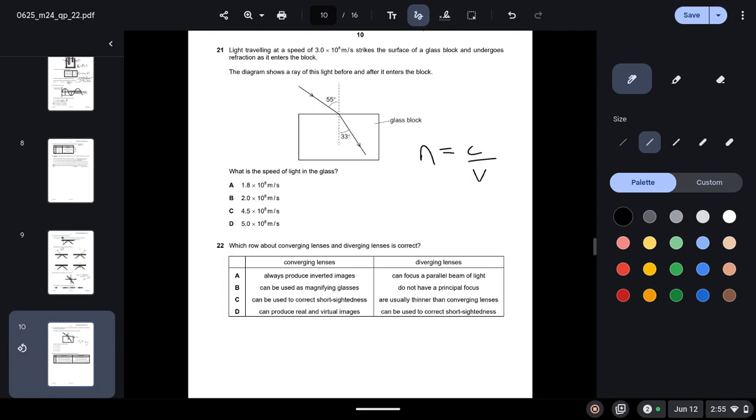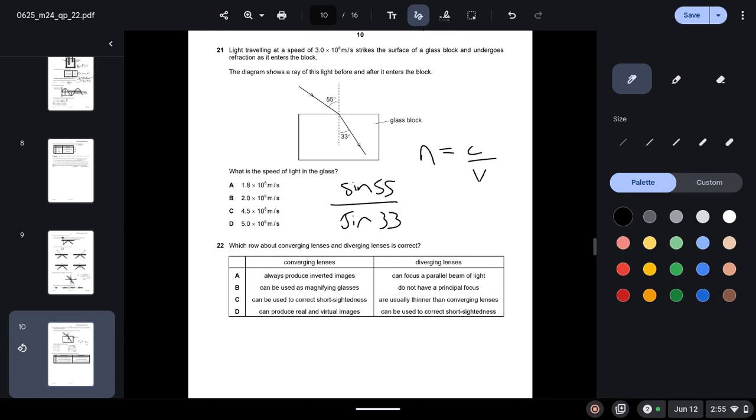So refractive index we'll have to first calculate using the earlier formula, which is sin I upon sin R. So sin I we have 55, so R is 33. So just plug this in your calculator.